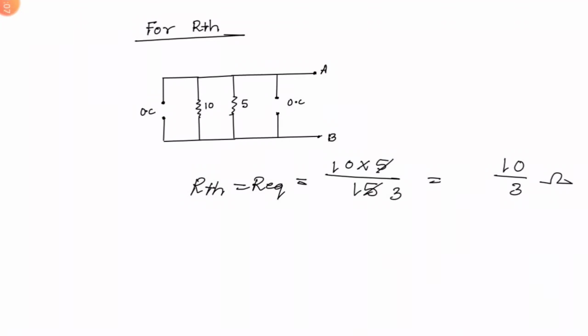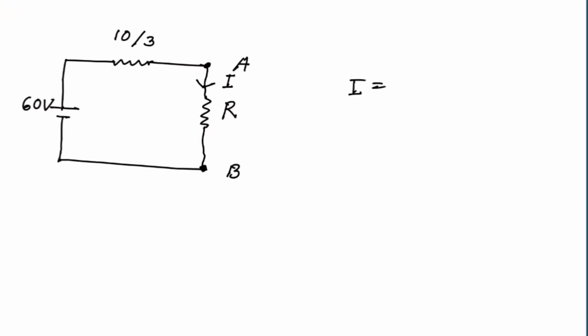Now we will draw the Thevenin equivalent circuit. So this is the Thevenin equivalent circuit, and in this circuit, to gain the maximum power at this load resistance, the value of the load resistance should be equal to the network's equivalent resistance.